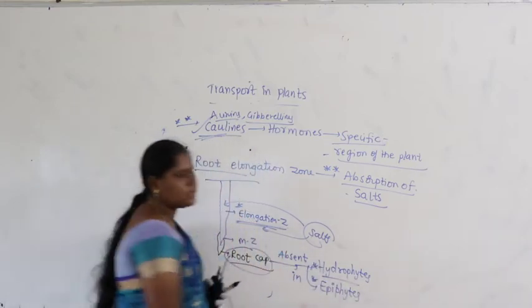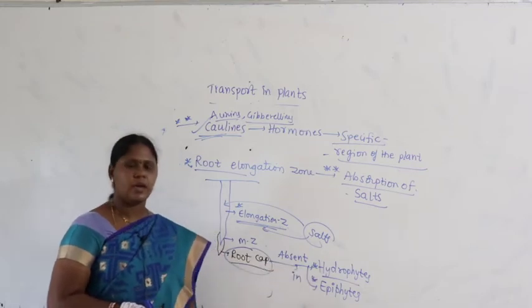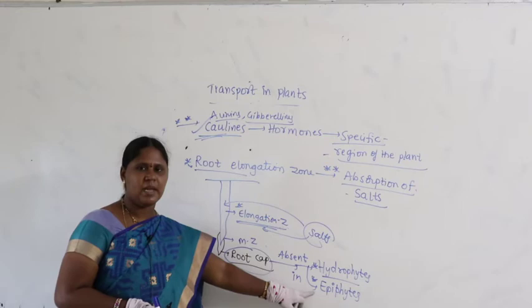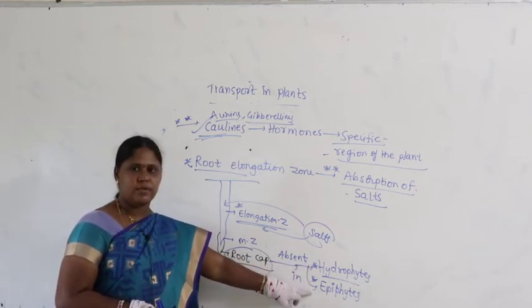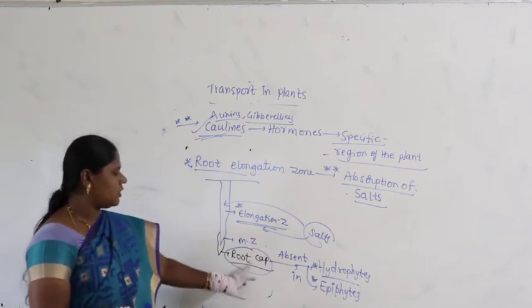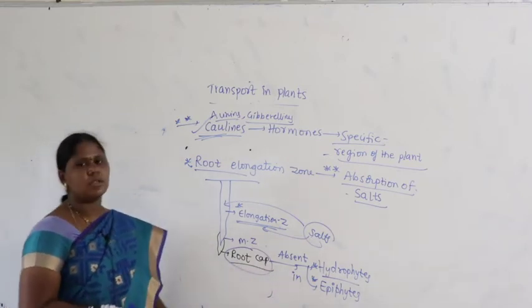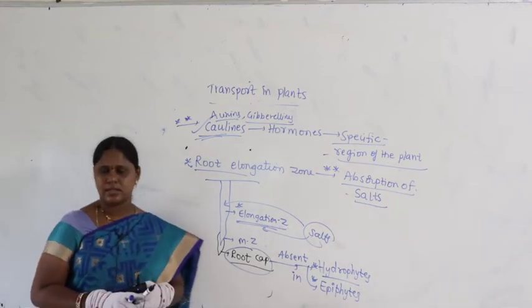What are hydrophytes? Whenever the plant is growing in the water, they are said to be hydrophytes, and epiphytes means they grow on the branches of huge plants and on the surface of other plants. So here root cap generally is absent in hydrophytes and epiphytes. So these are the few things which we have to remember in case of transport in plants, right.